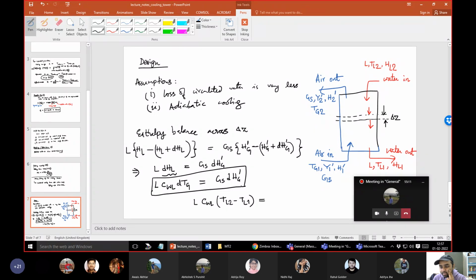So this is the amount of heat that is lost by the water, and the amount of heat that is gained by the air is the change in H. So the air enthalpy would be more at the outlet than the inlet, is it? So this is the balance that I can also write for the entire tower. Is it or is it not?